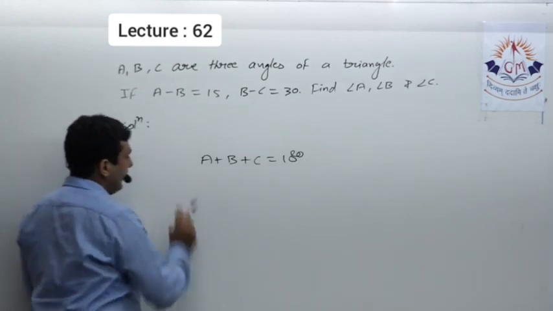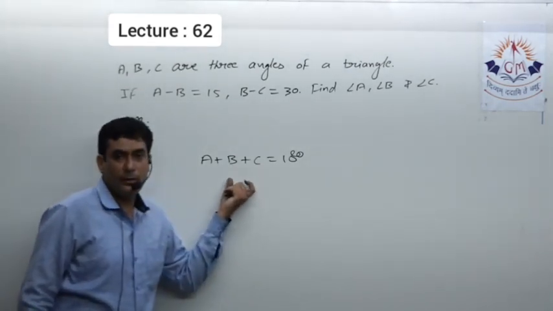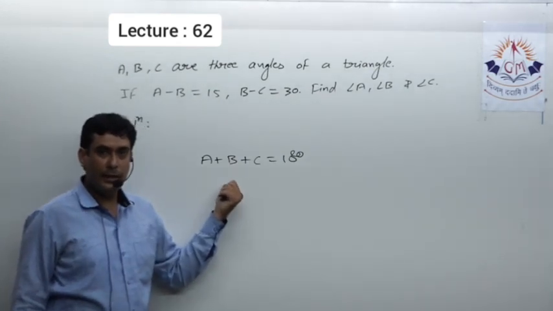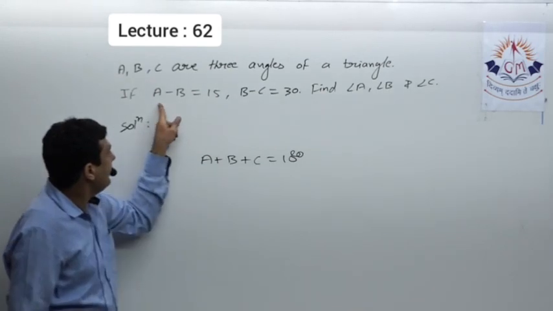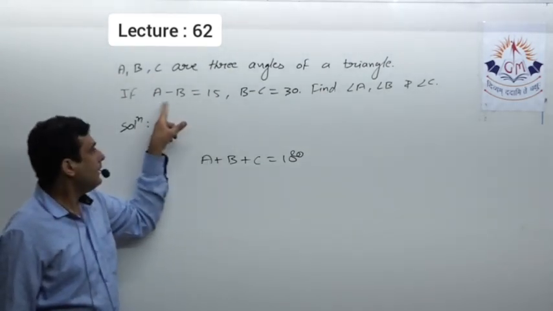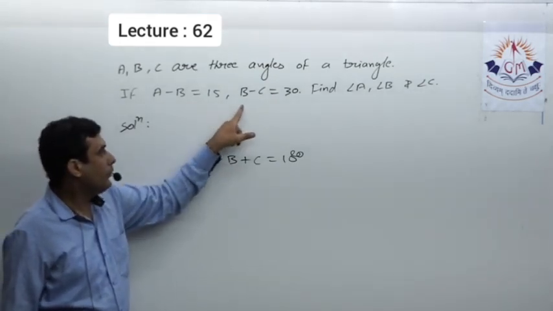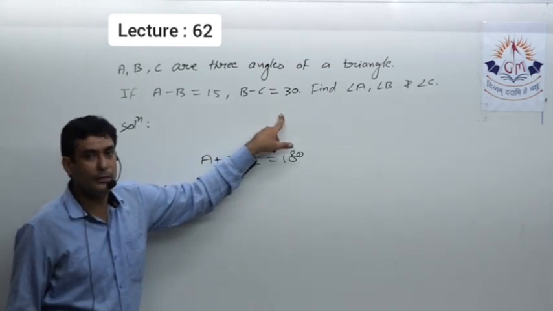So what I have to do, I have to write this A plus B plus C in a single variable, either in A or in B or in C. So from here you can see I can write A in terms of B. A is equal to 15 plus B. From here I can write C in terms of B. C is equal to B minus 30.